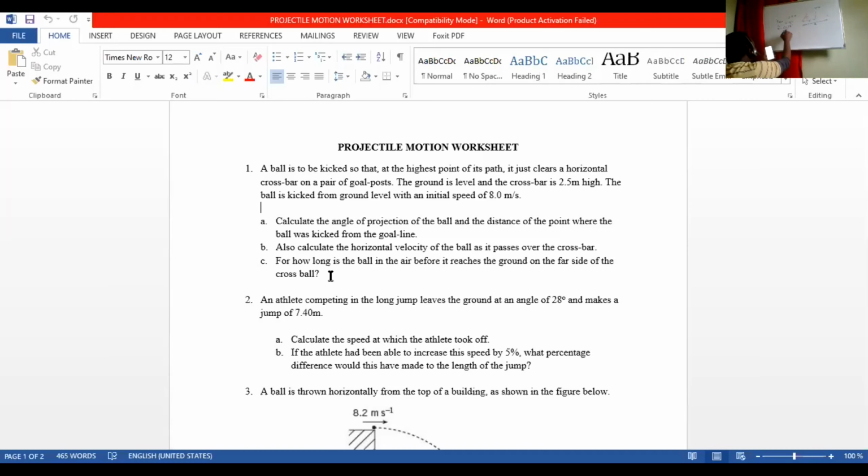It states that time is equal to 2 v naught sine theta over g. Right, so the 2 times v naught, which is 8, times sine 60.69 over g, which is 9.8. And that gives us the answer to be 1.42 seconds. And that's the time it takes for it to be kicked and for it to fall to the ground on the next side.